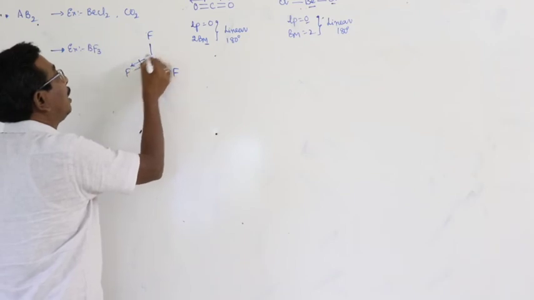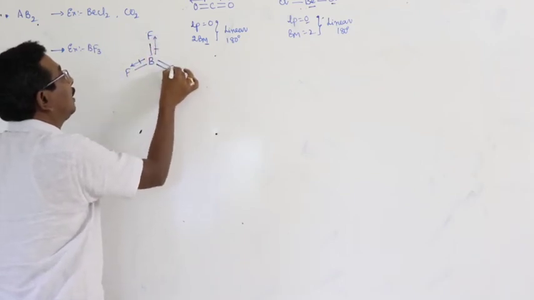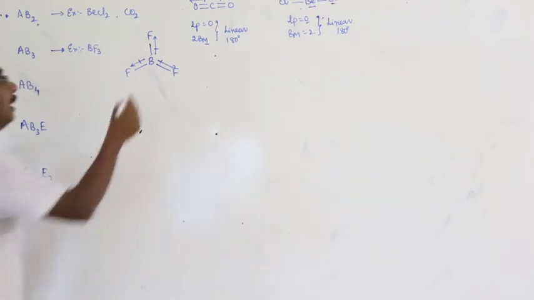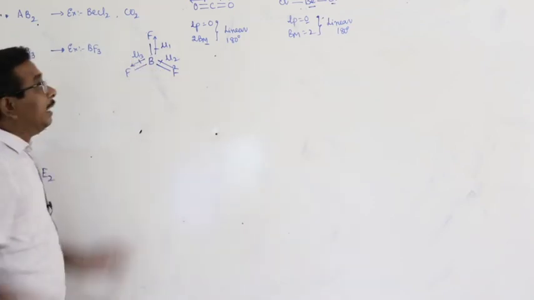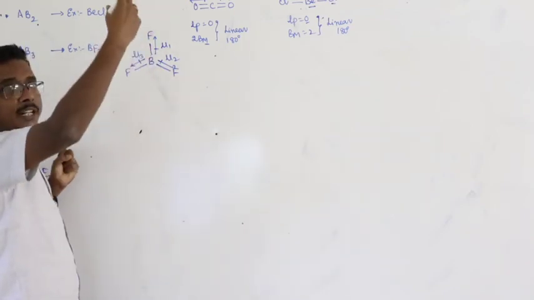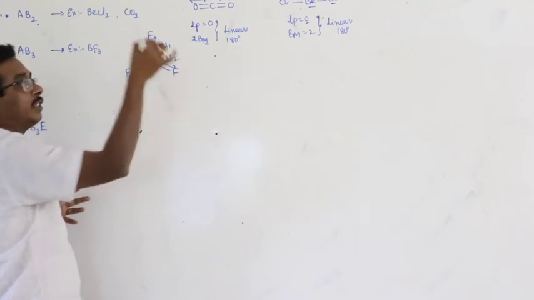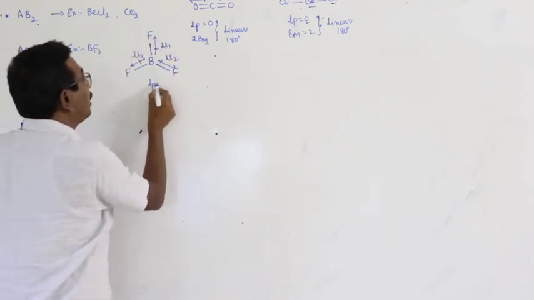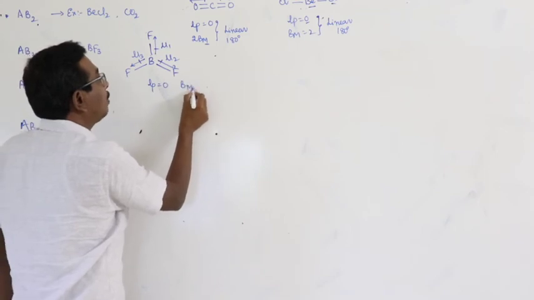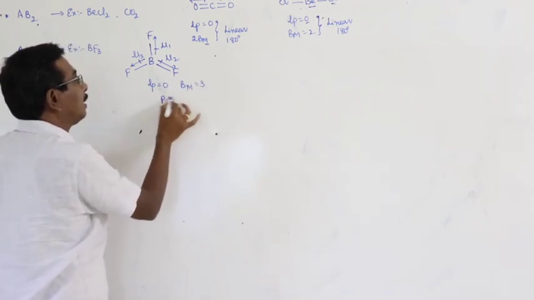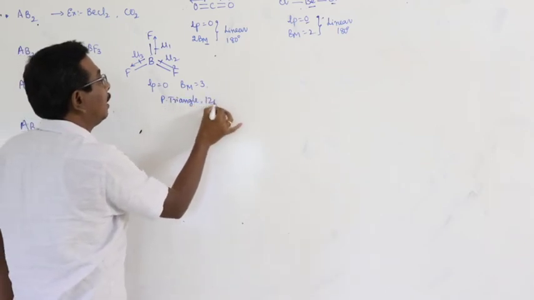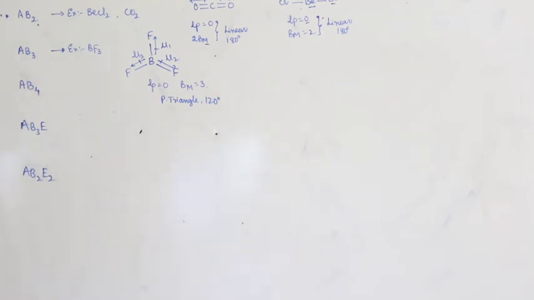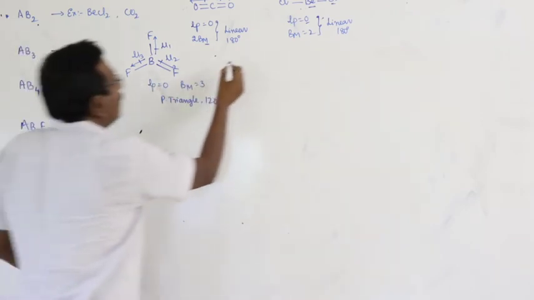So the direction of the bond moments is in the direction of this one. Here this is mu1, this is mu2, this is mu3. Here all the three bond moments are in different directions. Therefore the net dipole moment is zero. Number of lone pairs is equal to 0. Number of bond moments is equal to 3. Therefore the geometry is symmetric and shape of the molecule is planar triangle and bond angle is 120 degrees.